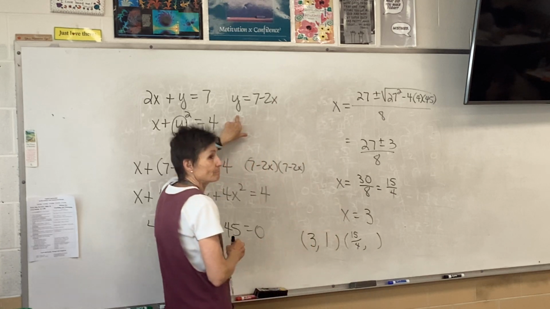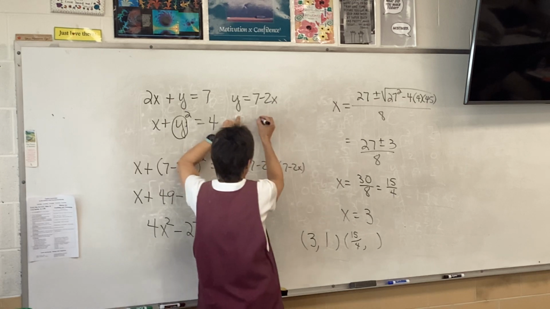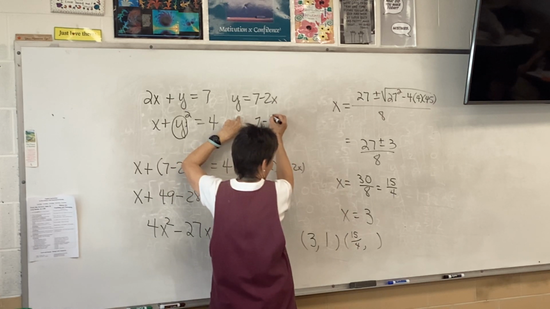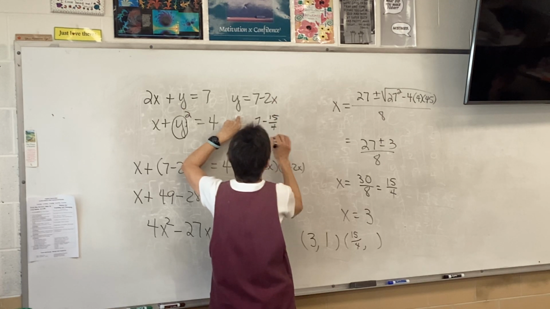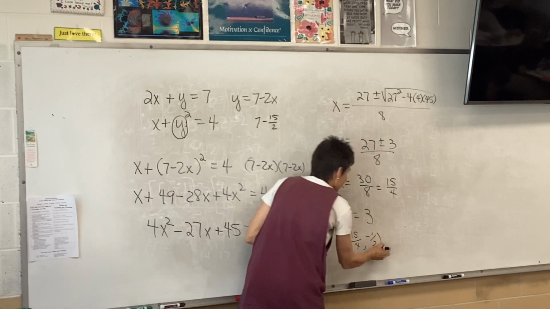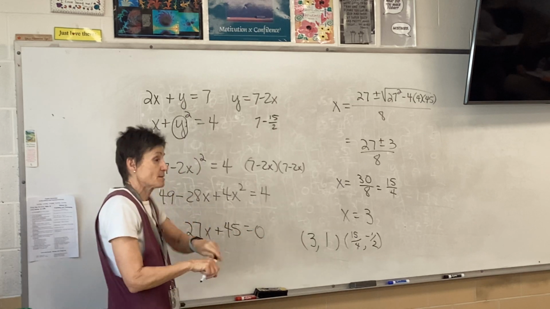I get 1. If x is 15/4, I get 7 minus 15 over 2, which is negative 1/2. Yep, that's exactly right. Negative 1/2. Perfect. And those are the answers to the question.